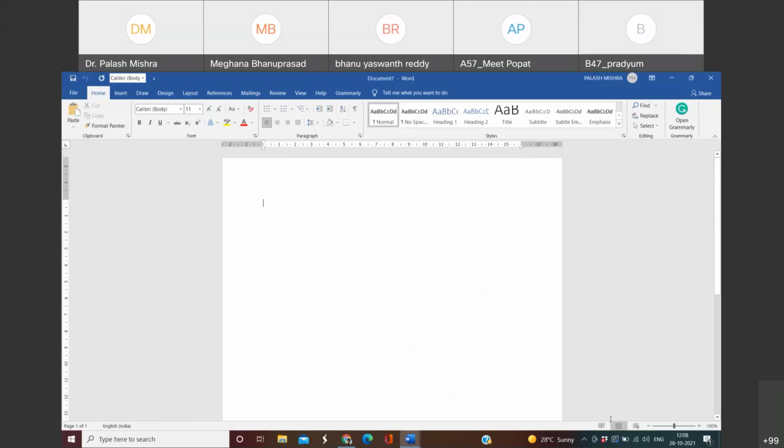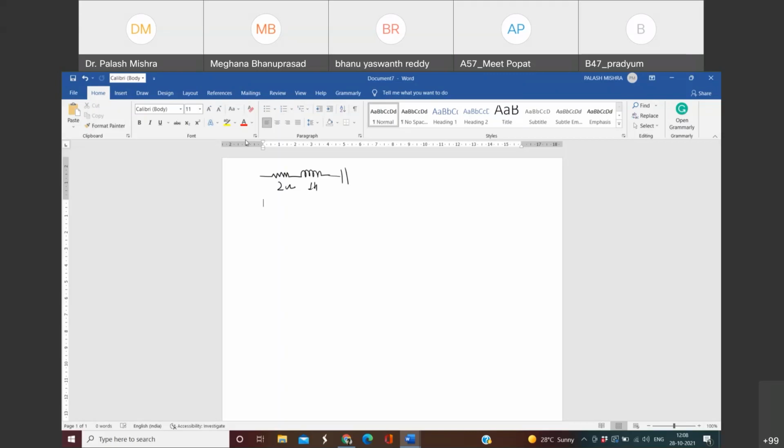Actually, that's a question for complete Laplace itself. So the question is, there is a circuit which is having R, L, and C. R value is 2 ohms. L value is 1 Henry.